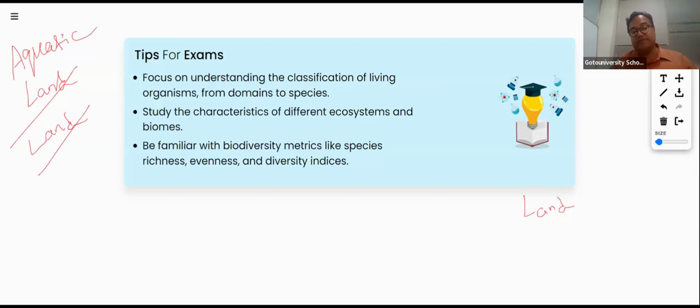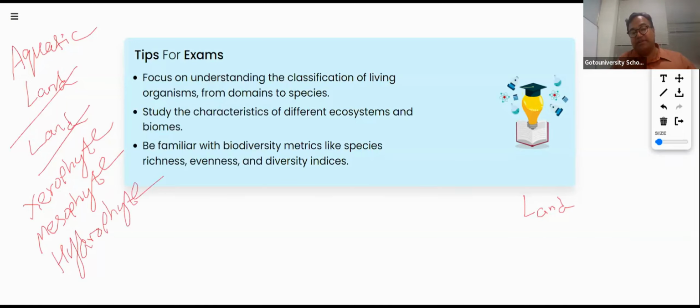Some areas are rich in water, some areas are rich in moderate water. Accordingly, the plants are called xerophyte, mesophyte, and hydrophyte. These are the plants which grow in different geographical areas.